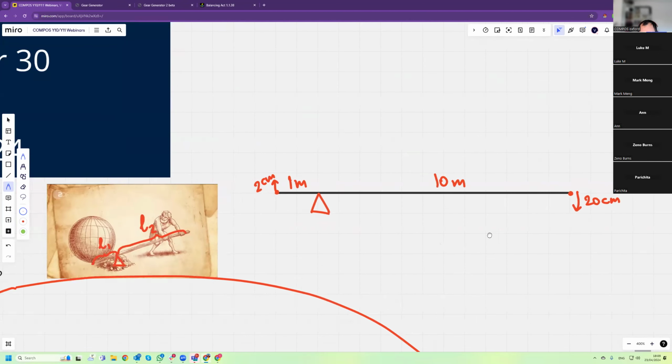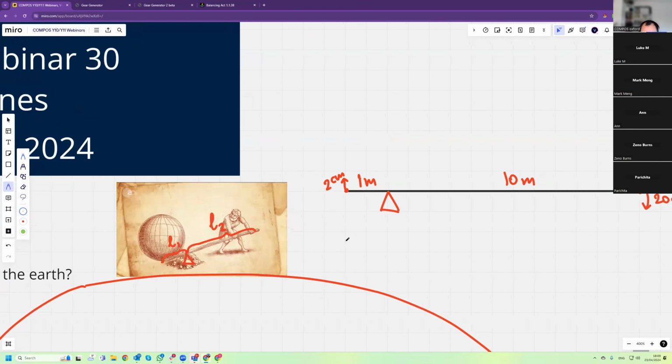So the first thing that we need to understand is that the ratio of L2 to L1 has to be the same as the ratio of the forces. This is F1, and this is F2. Sorry, F1 is the force required to lift the Earth, and F2 is the effort.